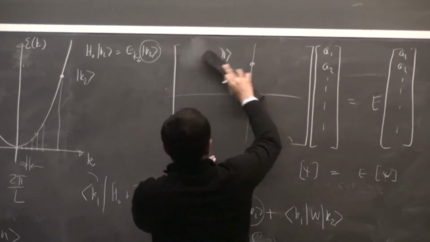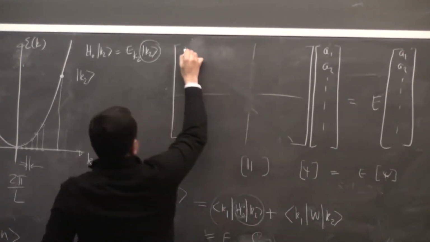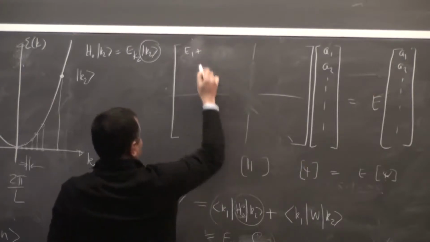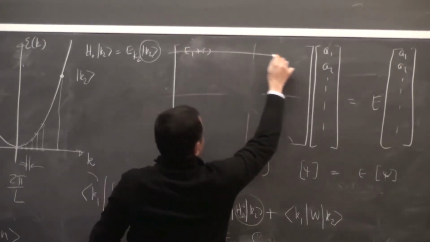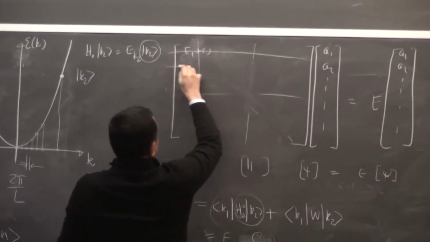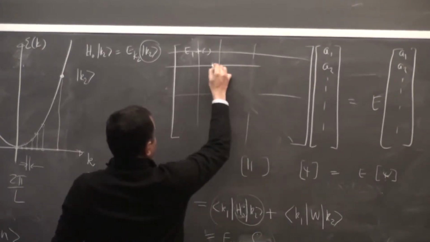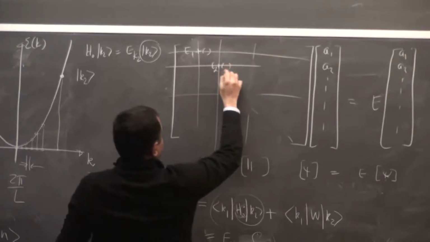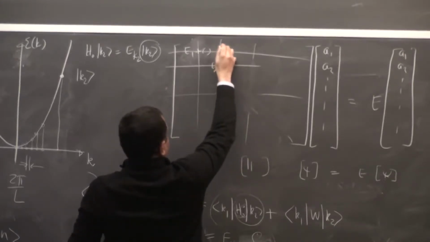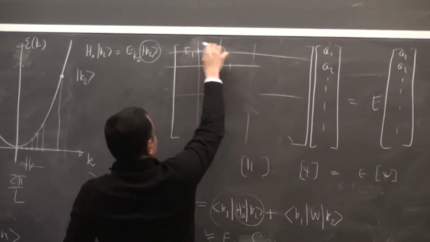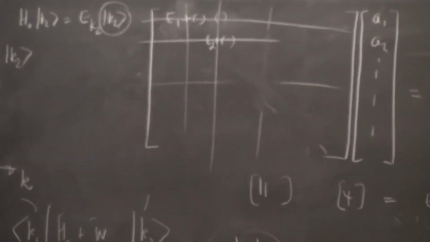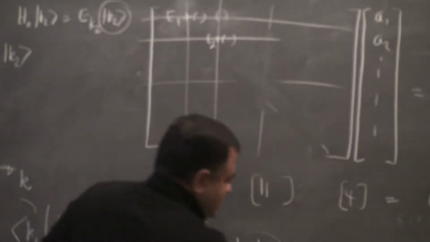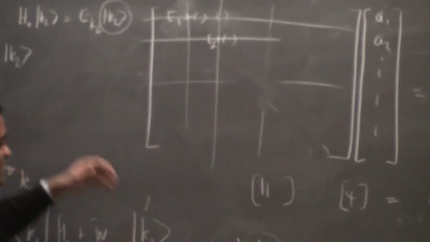I can write now that my energy is E1 plus something which I have yet to determine, and the second term will have E2 plus something I have to determine. The off diagonal term may have something, but it won't have E1 anymore. It's not there in the off diagonal terms at all.